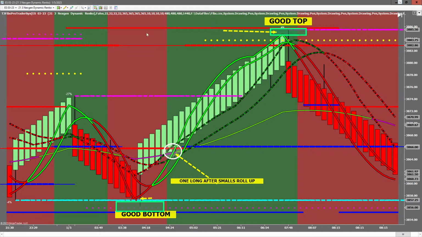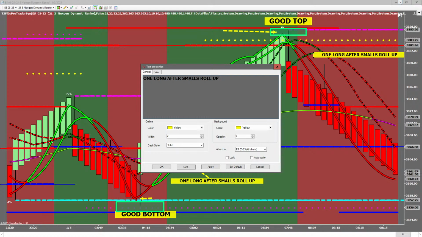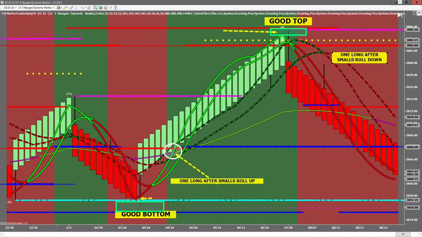There's no way to know it's going to be a good top. You're not guessing the top. You're going to have one short after the triggers roll down. So if an area holds really well and then the triggers roll down, you're going to get one short, hopefully somewhere.